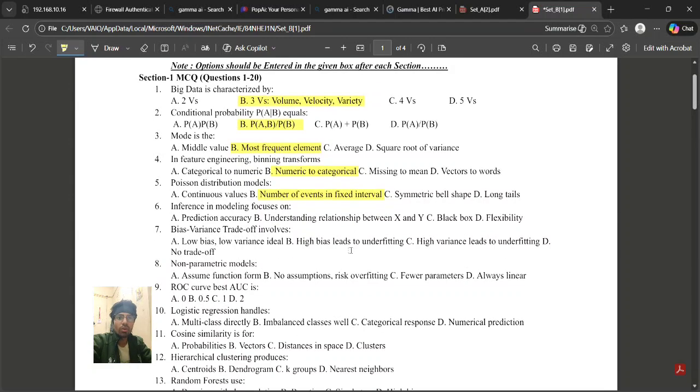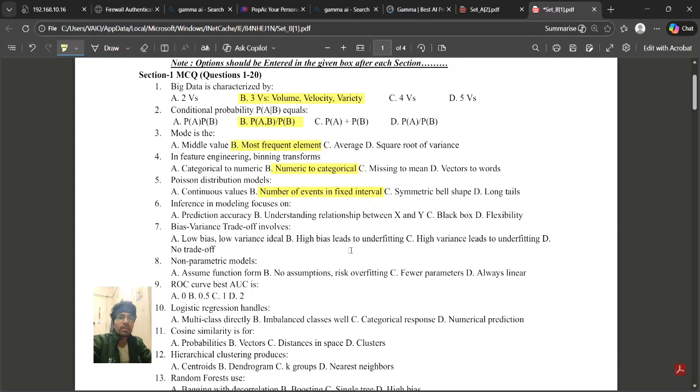Now go to question number 6. It asks about inference in modeling focus. Inference focuses on understanding the relationship between your independent variable x and your dependent variable y. It's not just about prediction accuracy, that's more for predictive modeling.